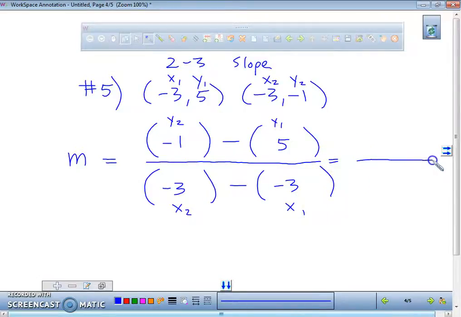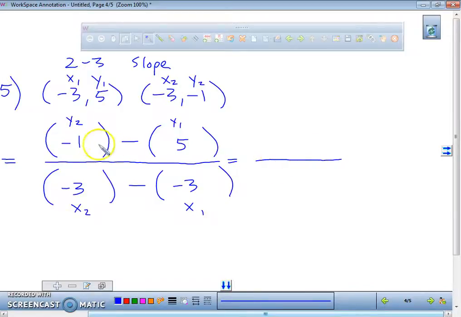There's a reason why I want you to use parentheses. In the numerator, we have -1 minus a 5, and that simply gets me to -6. But in your journal, put an arrow here and an arrow right there. When you have a negative and a negative right next to each other, what happens?